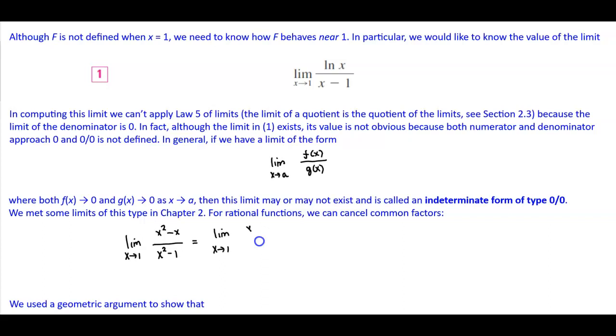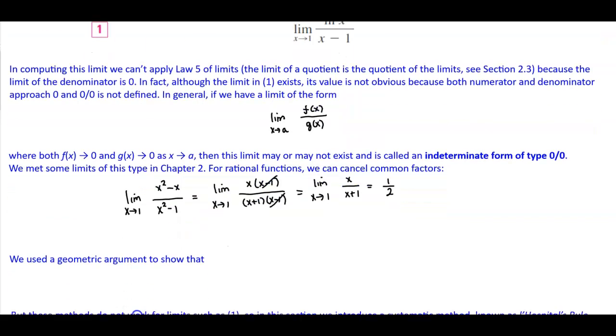So we would have x times x minus 1, and in the denominator we have x plus 1 times x minus 1. Now we can simplify this limit as x approaches 1, because we can cancel the x minus 1, and what we get is x over x plus 1. And so now when we evaluate that limit, we get a value of 1/2.